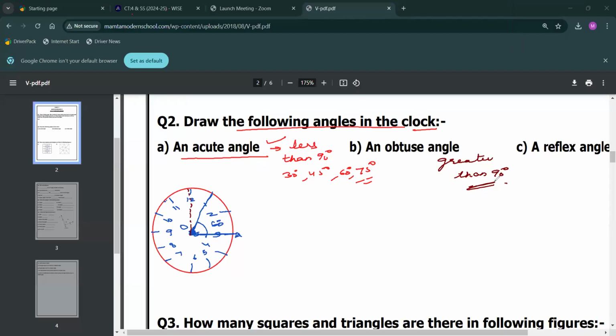Show me your notebook. Ma'am, just a minute. Ma'am, can you see?